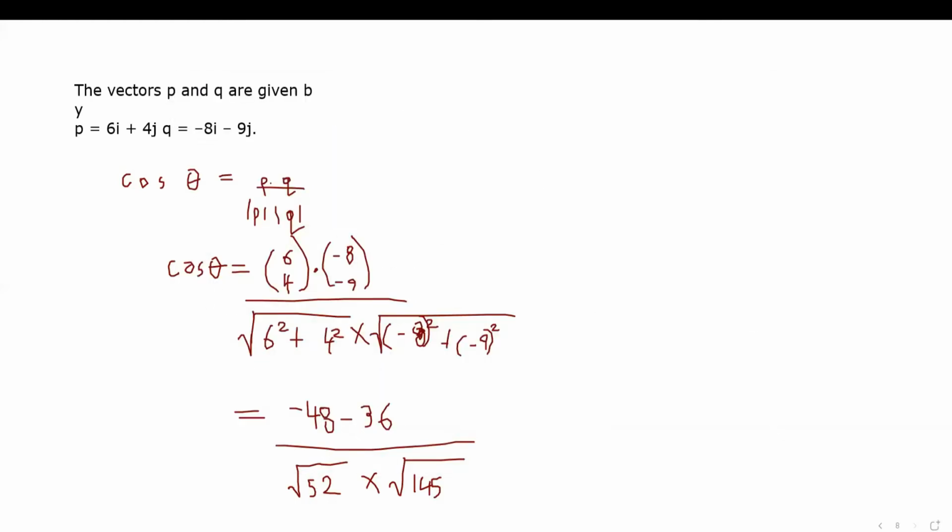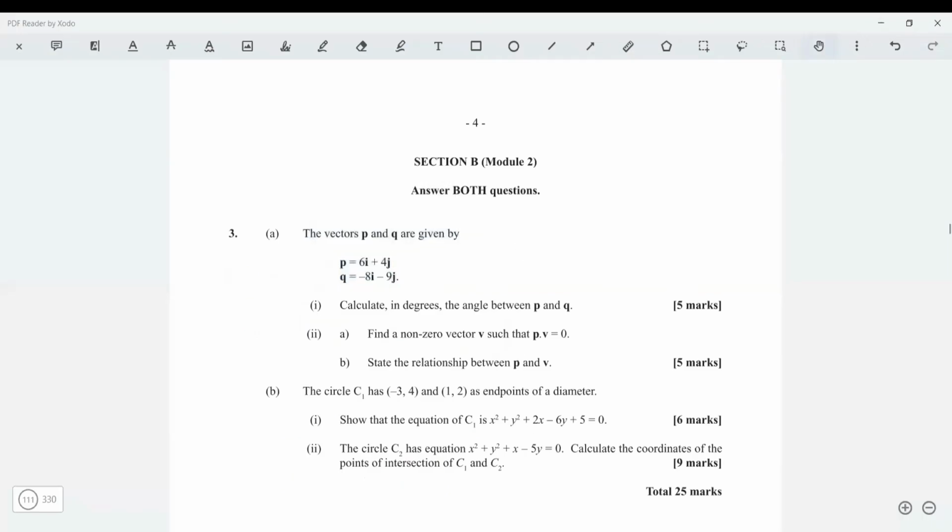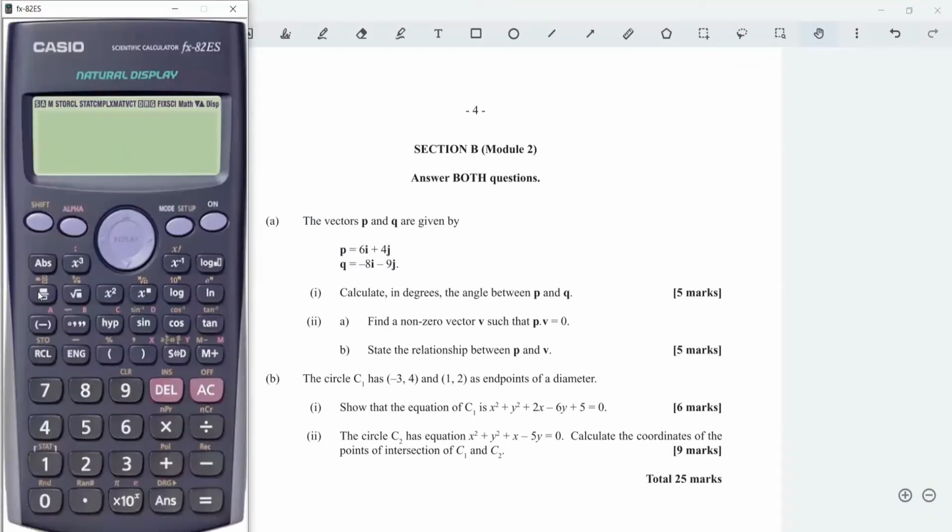All right, so let's go now and just do this in our calculator, just to work out the angle. We make the calculator do the dot product for us: 6 times minus 8 plus 4 times minus 9.